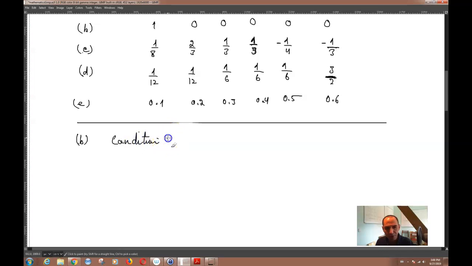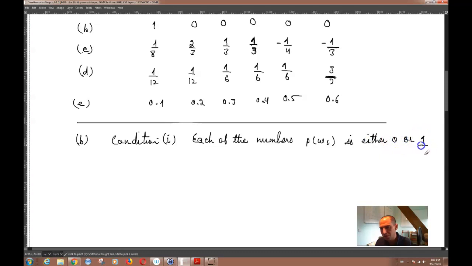They have written a condition 1 as each of the numbers p of omega of i is either 0 or 1.